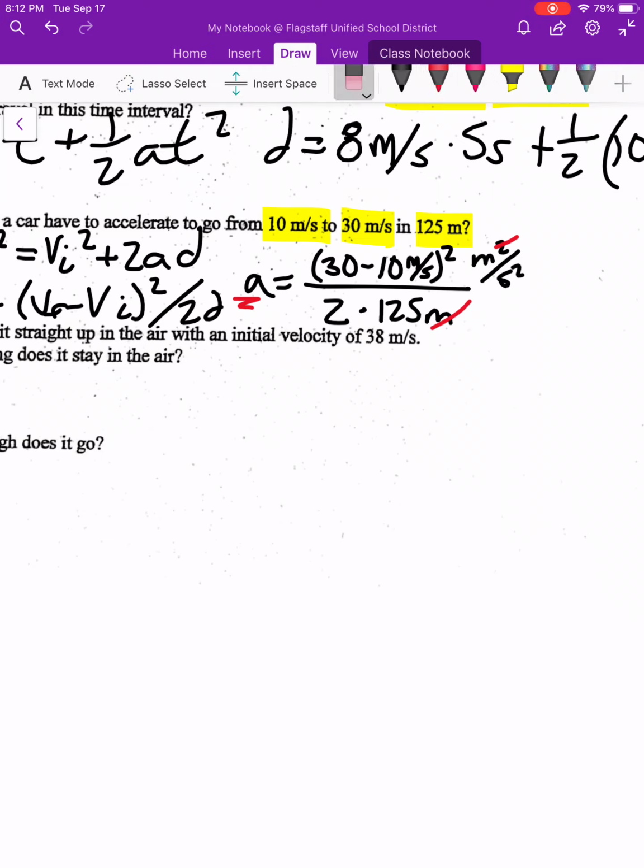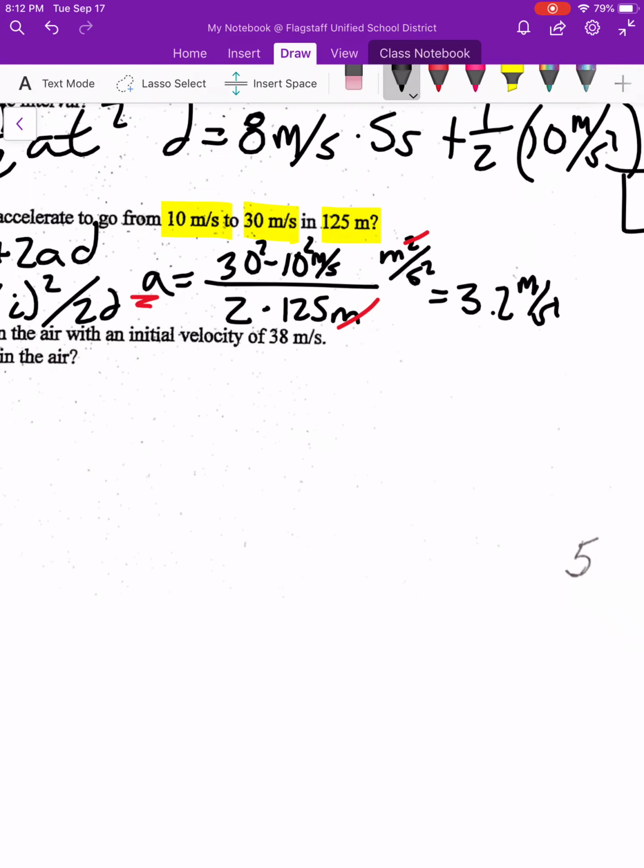Looks like we're supposed to leave it in 30 squared minus 10 squared, which will change it drastically, right? It'll make it 800 divided by 250, which will actually double our answer, 3.2 meters per second squared. Let me rewrite that, meters per second squared. Okay. So be careful about messing up your algebra.